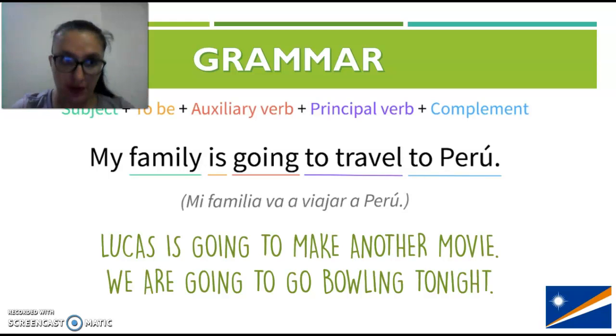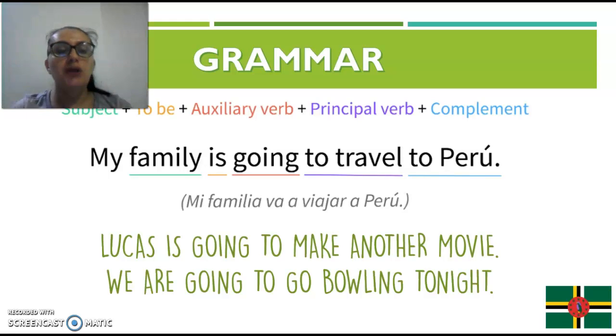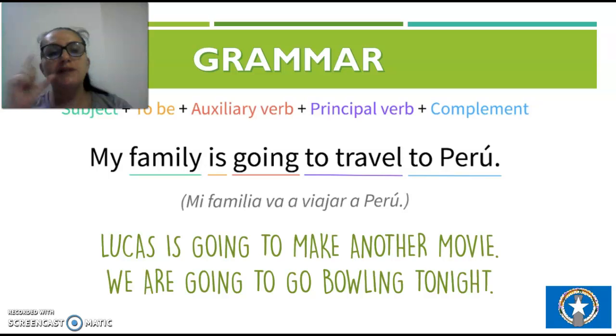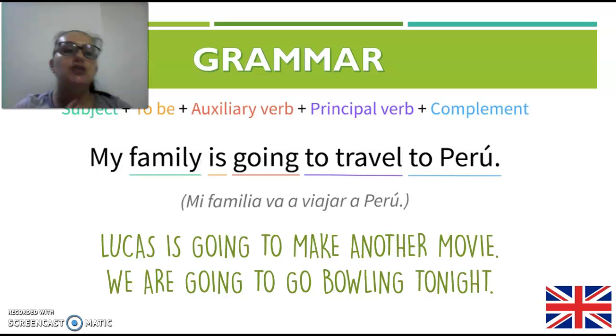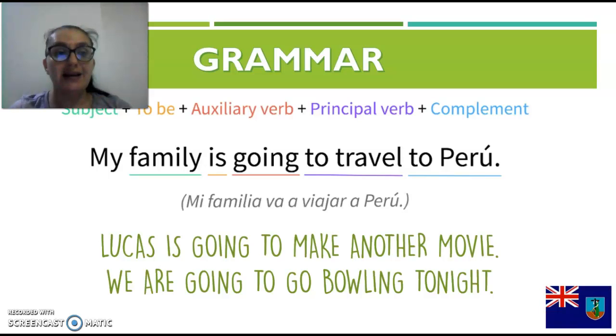In a future, remember, going to. And remember, going to you use when you have some certainty that this event or this action will happen in a future. Then you need a principal verb: to dance, to cook, to make, to do, to study, the principal verb.